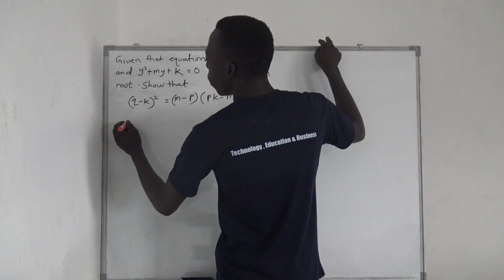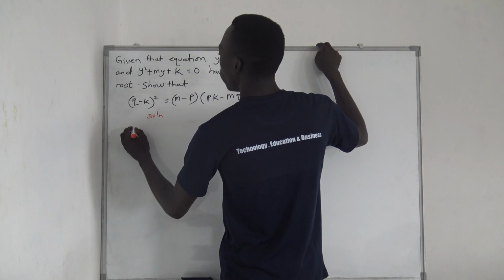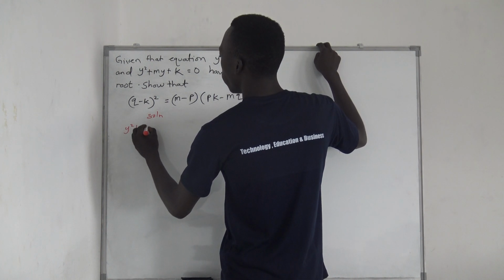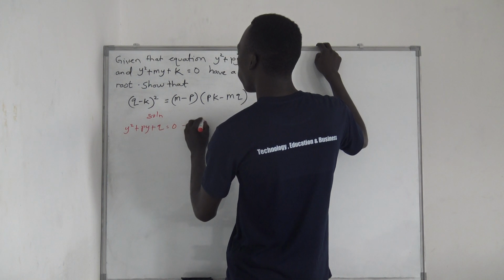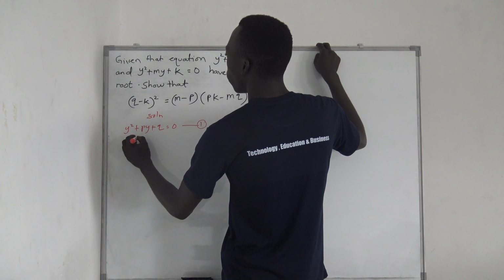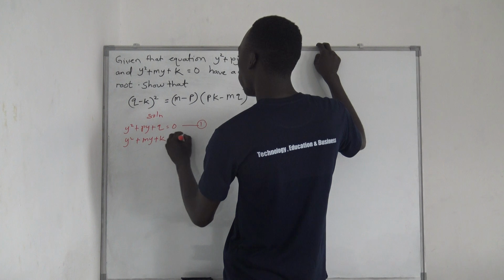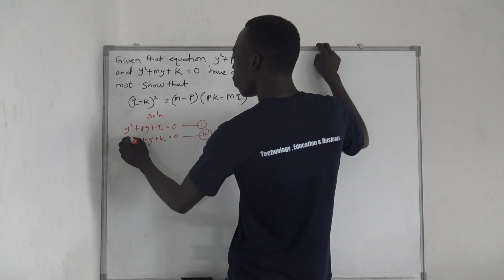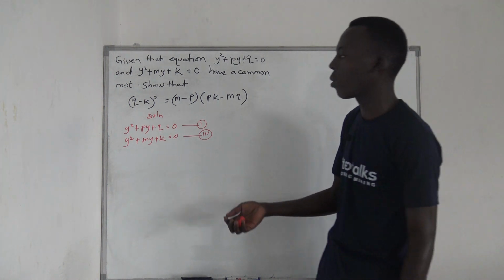So from that solution, y squared plus py plus q equals 0, that is equation 1. This one is y squared plus my plus k equals 0, that is equation 2.